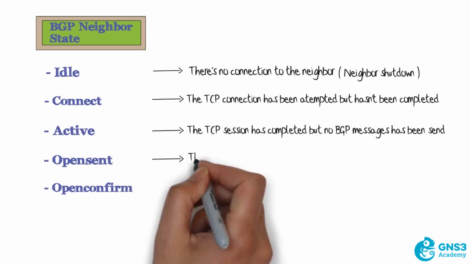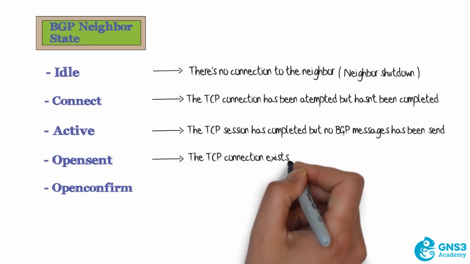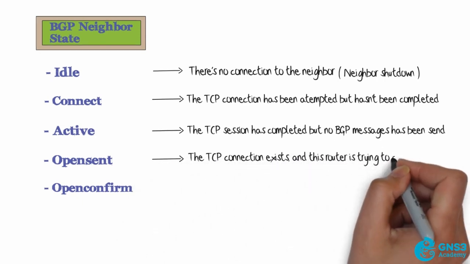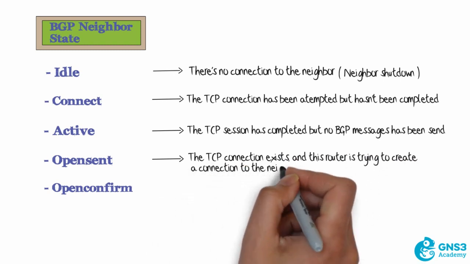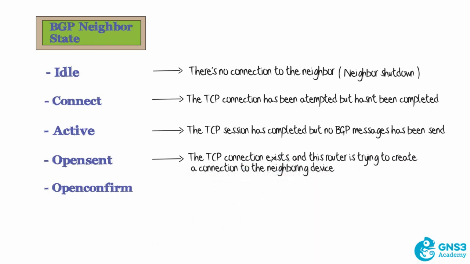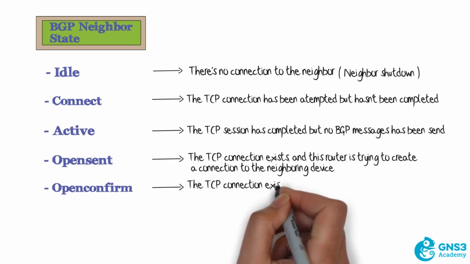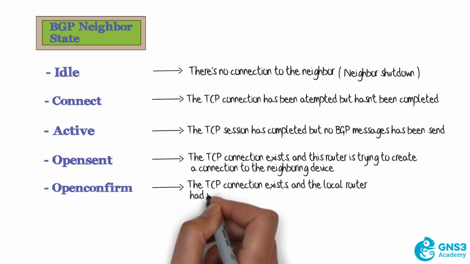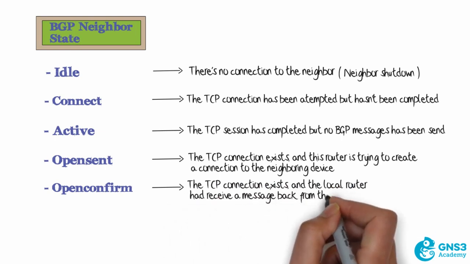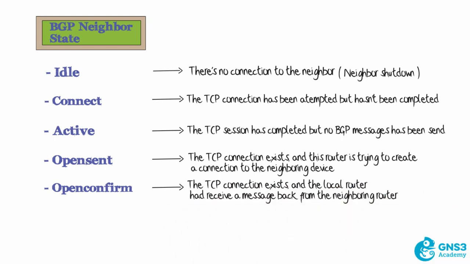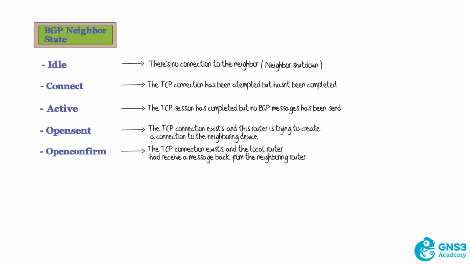Open sent: the TCP connection exists, and this router is trying to create a connection to the neighboring device. One of the BGP routers will initiate a connection to the neighbor using open sent. And open confirm means that the TCP connection exists and the local router has received a message back from the neighboring router. However, the neighboring router may reject the relationship.